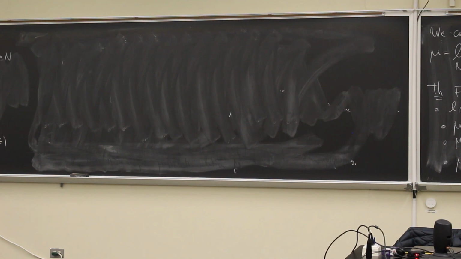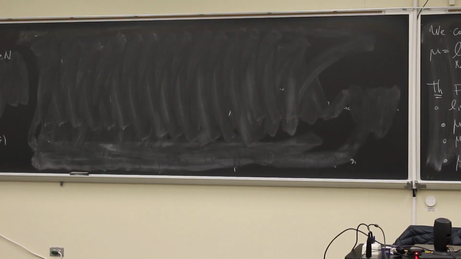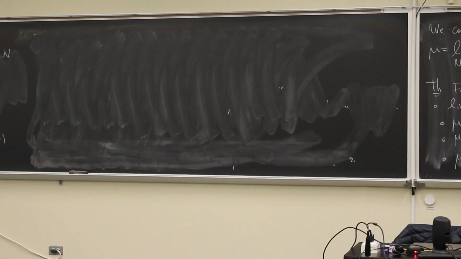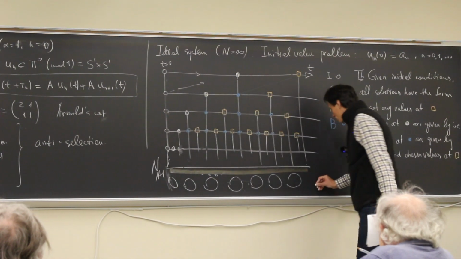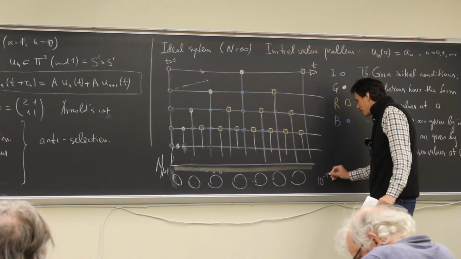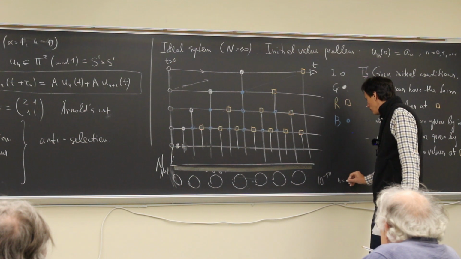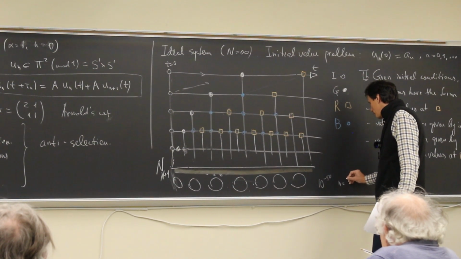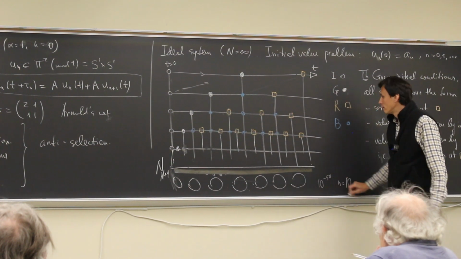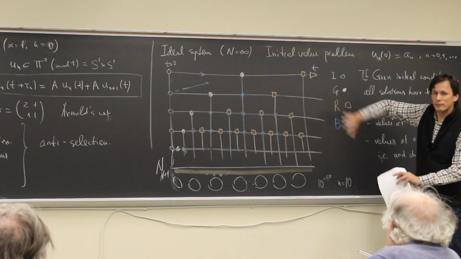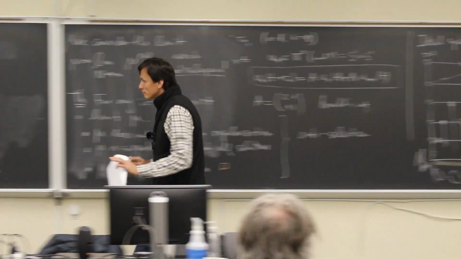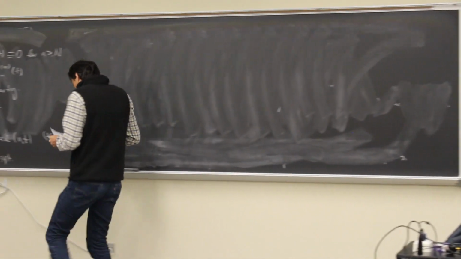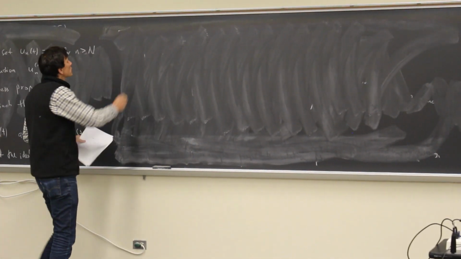The convergence in n is double exponential. Numerically, if you put 10 to the minus 50 noise at level n equal to, I remember, 10, everything will be perfectly convergent.